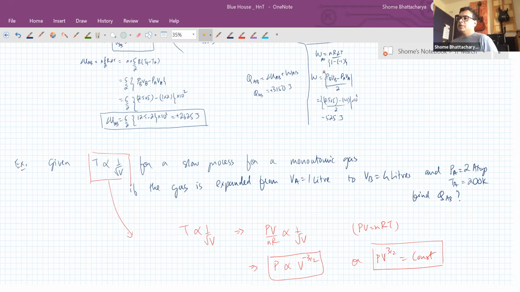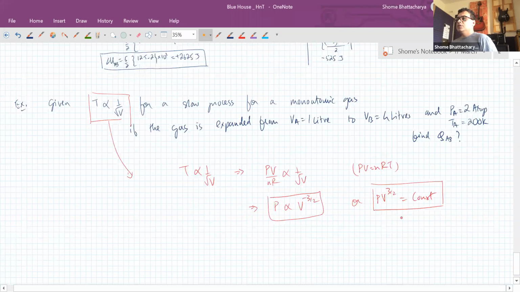Okay, Parth, you calculated QAB directly. Let's check it out. So this is a polytropic process with the value of alpha as 3 by 2. So the molar specific heat capacity will become CV plus R upon 1 minus alpha.